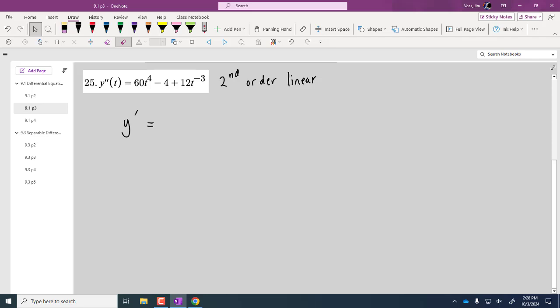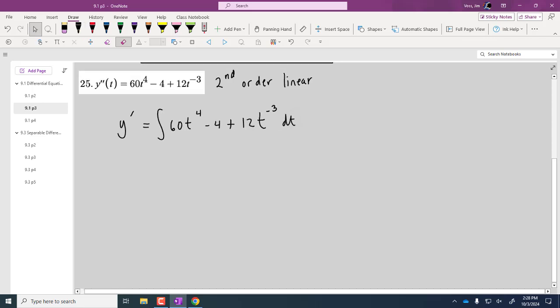Okay, so y prime, we're going to integrate both sides here. If I integrate the left side, we get that. And if we do the same thing to the right-hand side, so everyone agree with that? That the first derivative is going to be the integral of the second derivative. So now let's integrate this. When we integrate this, we add 1 to the exponent. We're going to get 12t cubed minus 4t.